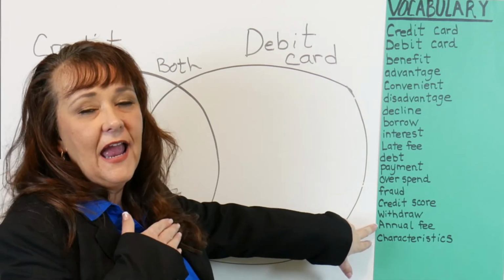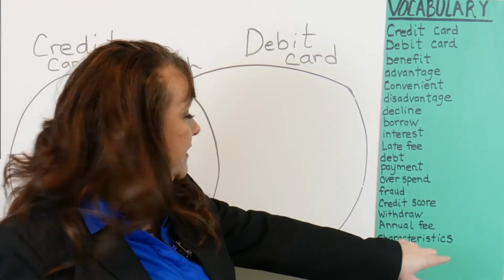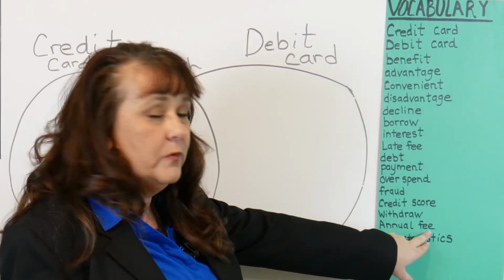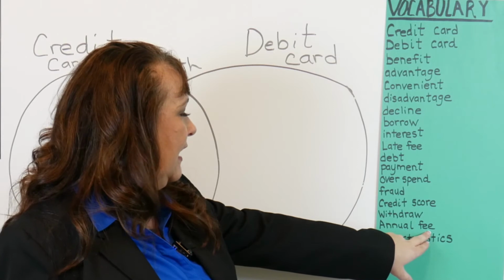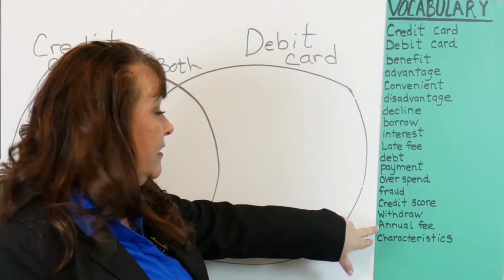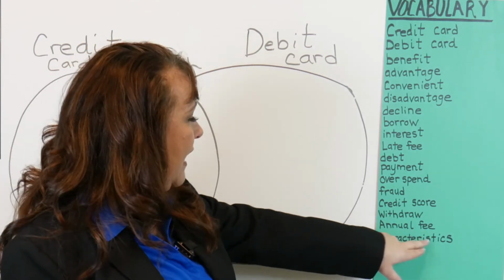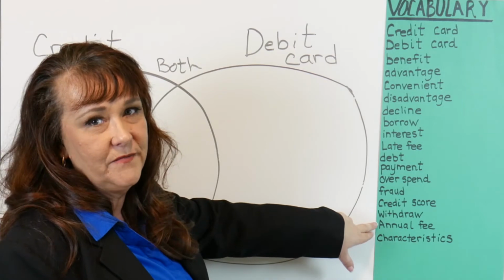You try it. Annual fee. Again, we see the word fee, which is money you have to pay, and annual, which means every year. So this word means money you have to pay every year.